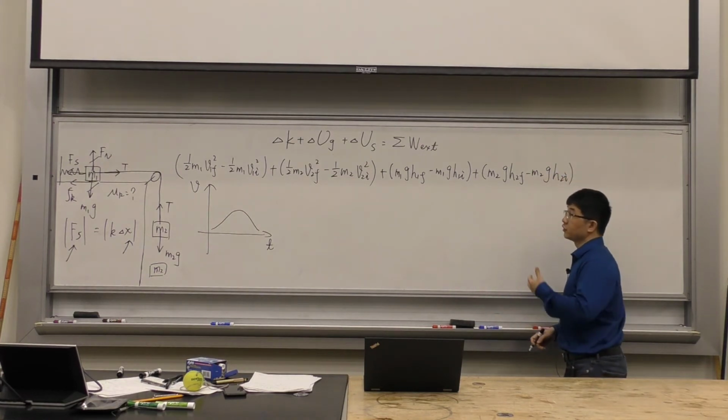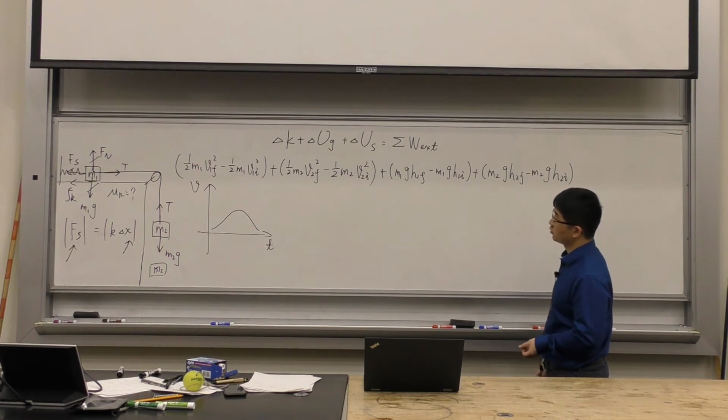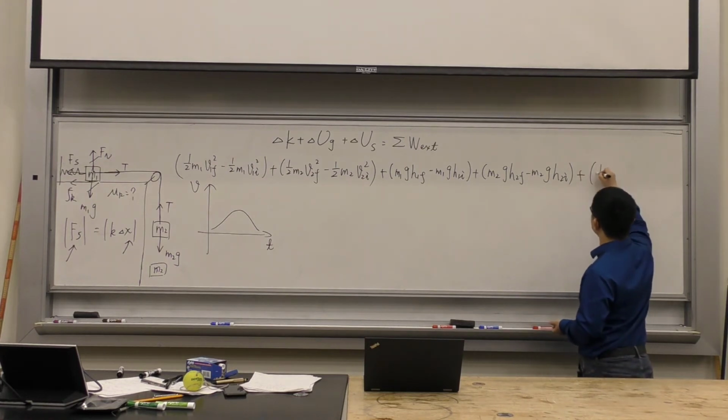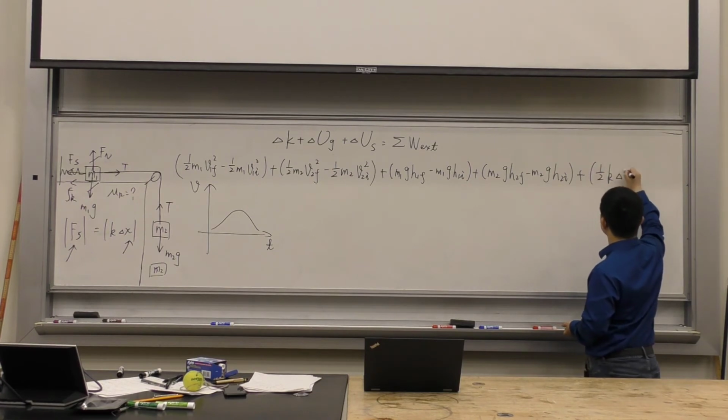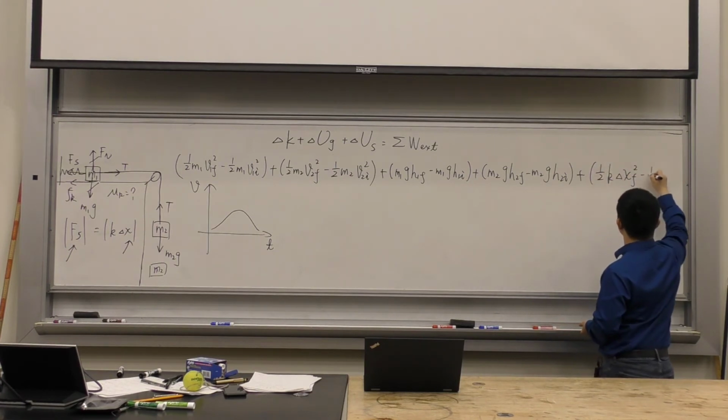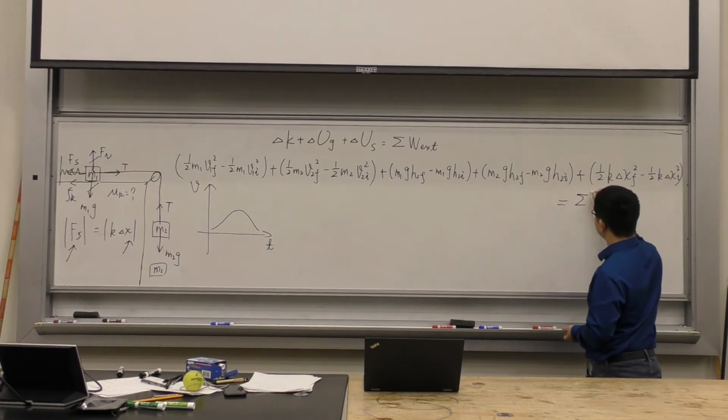So okay, I finished the first two changes. The elastic potential, there is a spring, so let's just use the definition. I don't even need the detail from the problem. And that's going to be equal to all the external work.